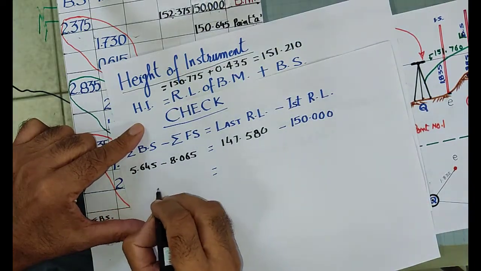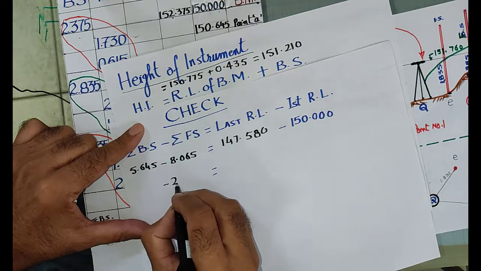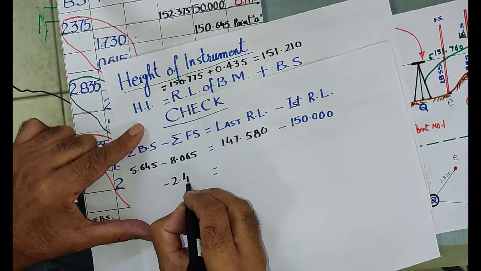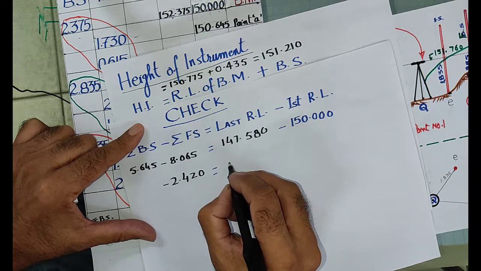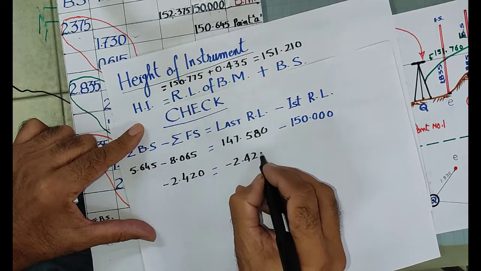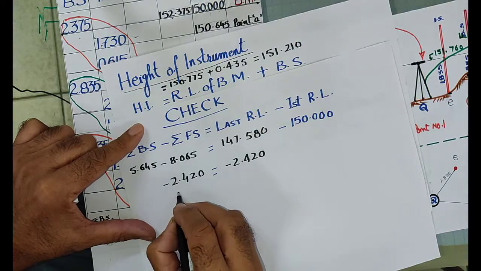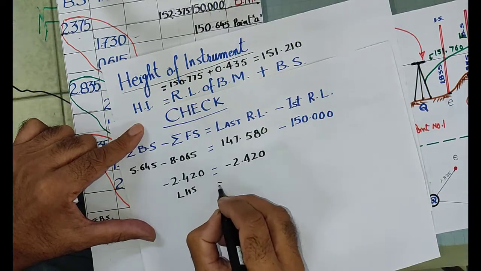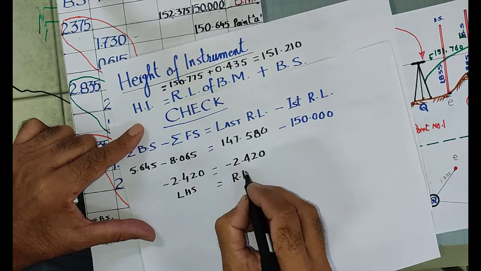So this comes to be minus 2.420, and this is again minus 2.420. Okay, so left hand side is equal to right hand side. Your work done is correct.